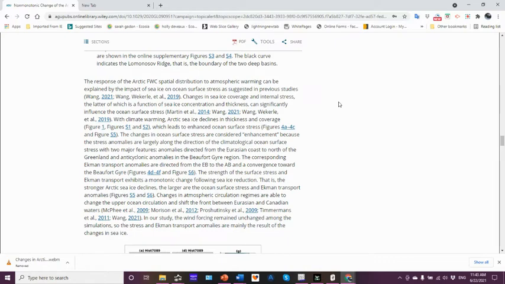But if you have something like frazzle ice, greasy ice, pancake ice, where the ice isn't very thick and there are a lot of spaces in between the ice, then the stress is going to be more than from a big solid sheet. So the stress is basically the result of a force being applied. When we say stress, it's an applied force: wind pushing on the water, water pushing on water, ice pushing on water. So that's what they're getting at there.